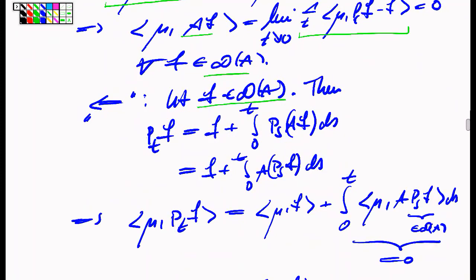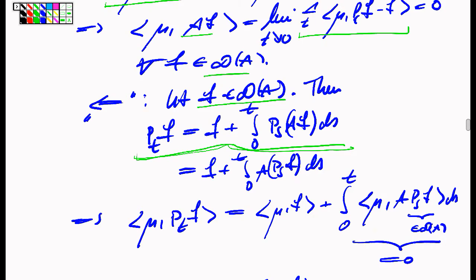If we have a function f in the domain of the generator, then we had seen already at the beginning of our lectures this semester that we can write down the action of the semigroup on the function f by means of this version of the fundamental theorem of calculus.